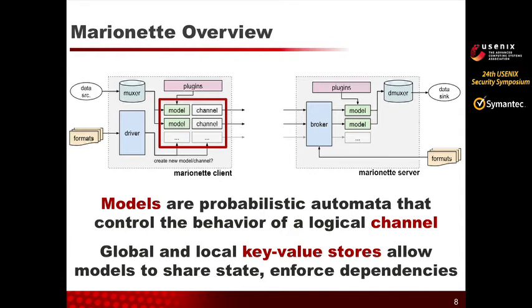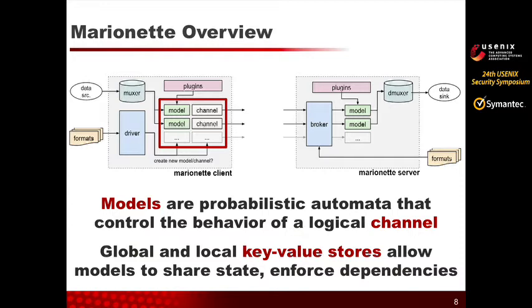In our context, models are one of the core concepts, and we'll go into it in more detail in a short while. You can essentially think of them as controlling what exactly is being put out onto the observable channel at any given moment. So they can control the sequences and the types of messages that are being sent over these channels.